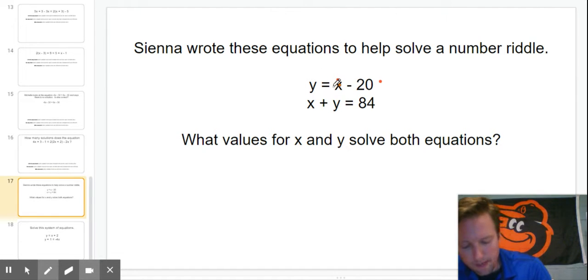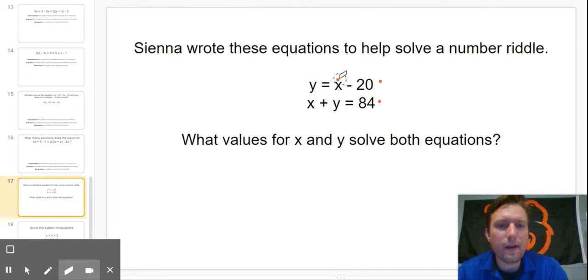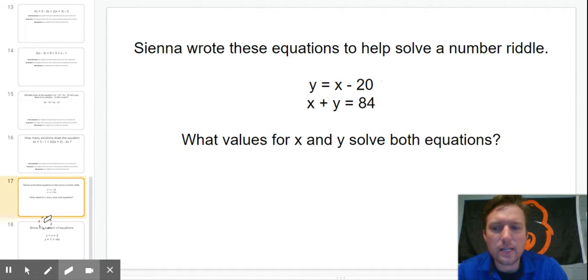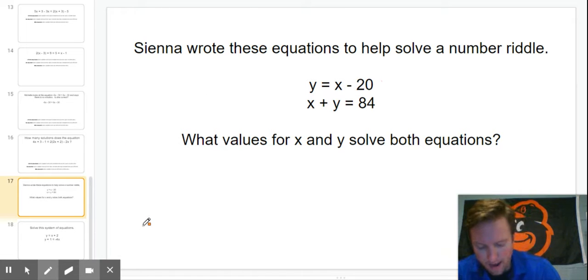And from the second equation, we can determine that x plus y is 84, so the sum of these two variables is going to equal 84. We need to stop and really think about what we know, because we are very much like detectives as we solve these. So we know a couple of clues right off the bat.